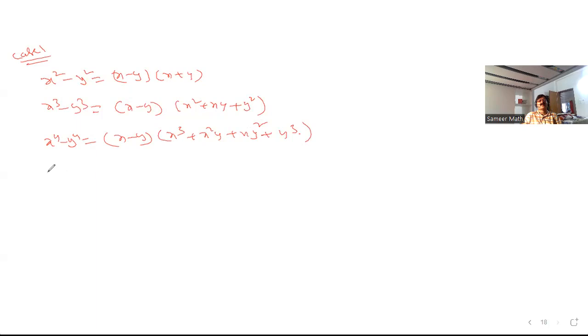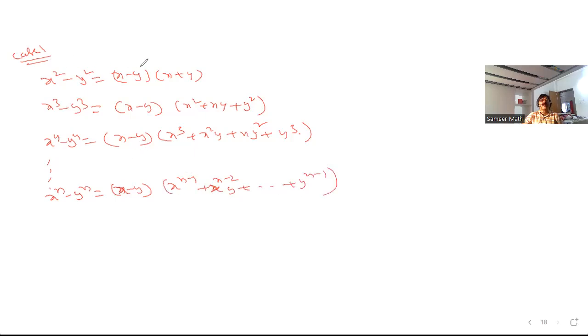In the same way, x to the power of n minus y to the power of n equals x minus y into x to the power of n minus 1, x to the power of n minus 2 y, and so on, up to y to the power of n minus 1.